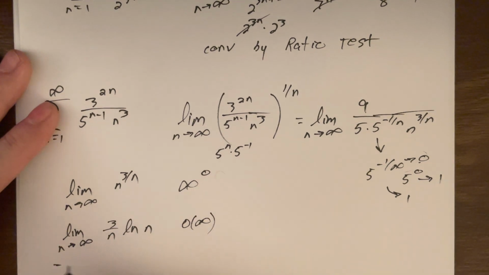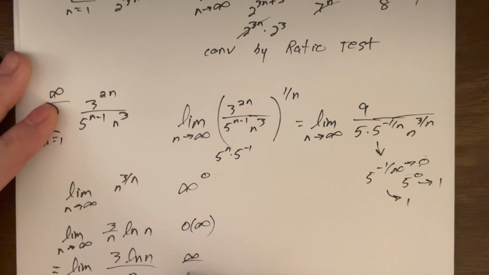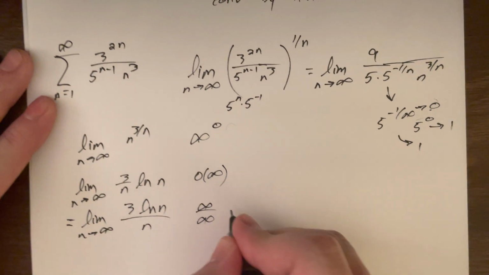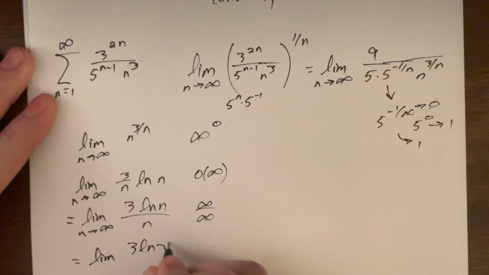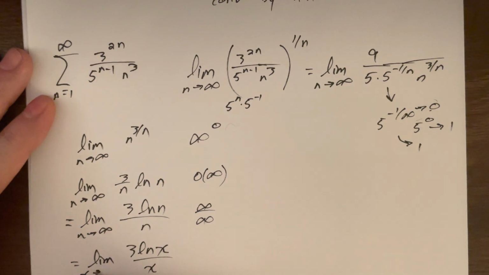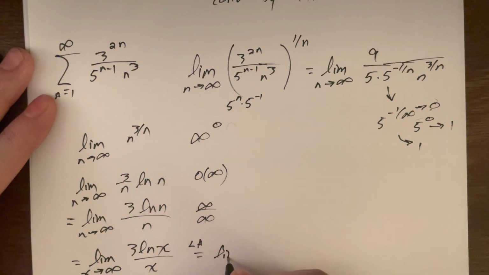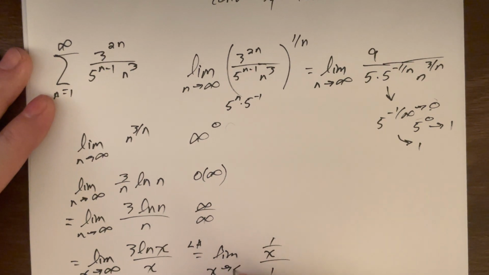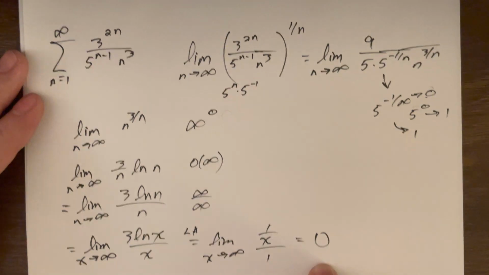But this one we're making good progress because I could easily make this 3 log n over n, which is now an infinity over an infinity. Have to change to x's to apply L'Hopital's rule. One over x over 1. And finally, that goes to 0.